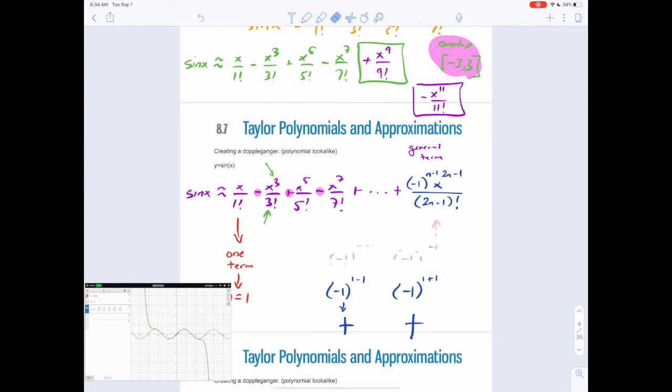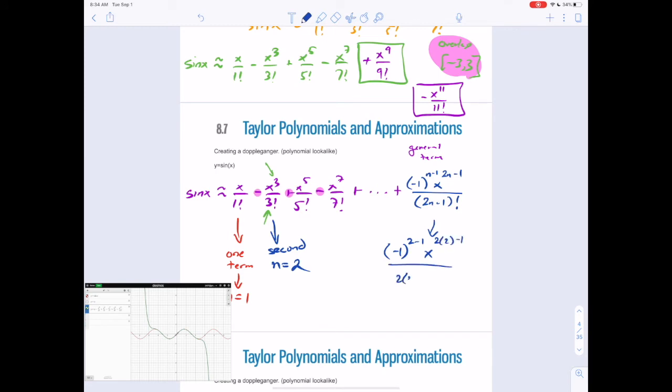Let's check the second term just to make sure that it works, okay? Now, what if n is 2, right? That's our second term. So let's take a look to see if our formula works here. So that's -1 to the 2 minus 1, x to the 2 times 2 minus 1 all over 2 times 2 minus 1 quantity factorial. Okay, so 2 minus 1 here is 1.